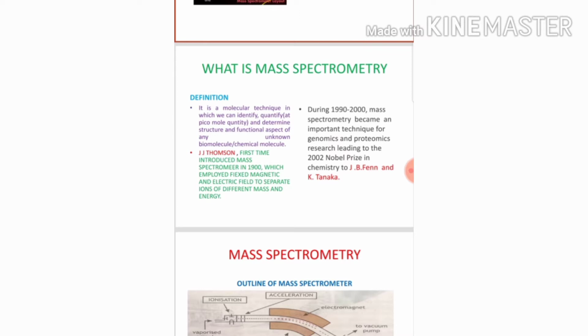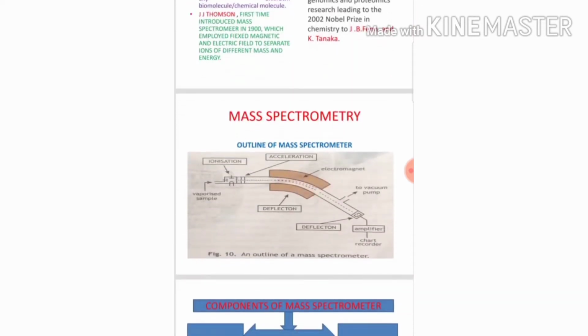Ultimately, in 2002, J.B. Fenn and K. Tanaka received the Nobel Prize for leading these techniques in the field of genomics and proteomics.